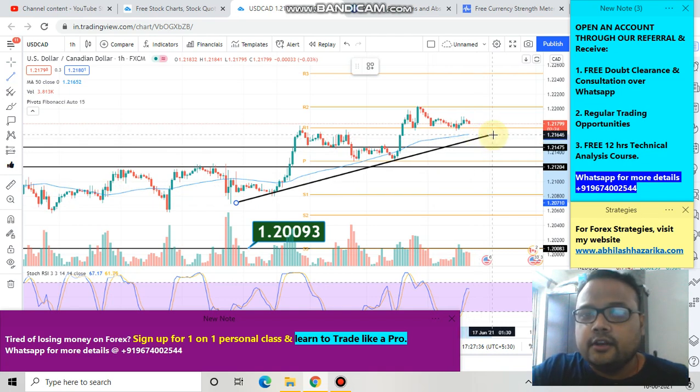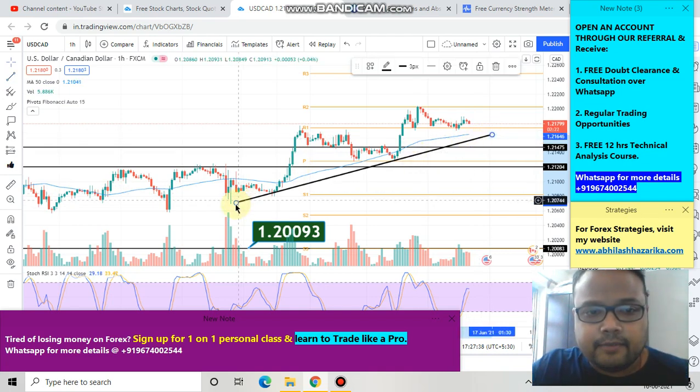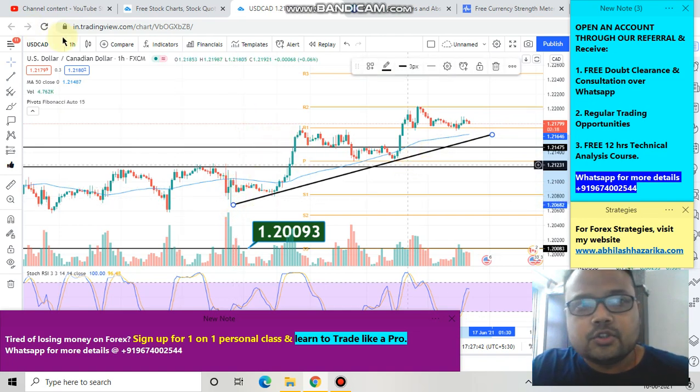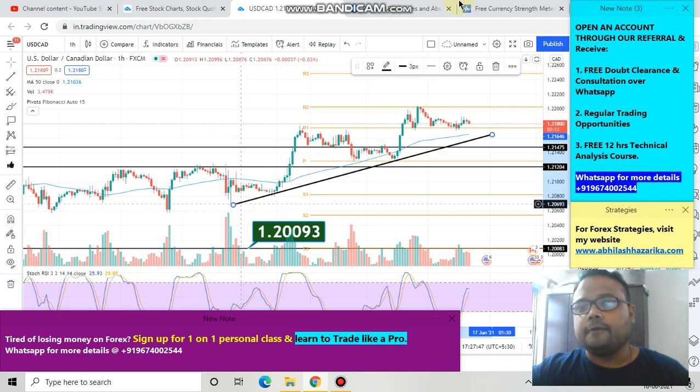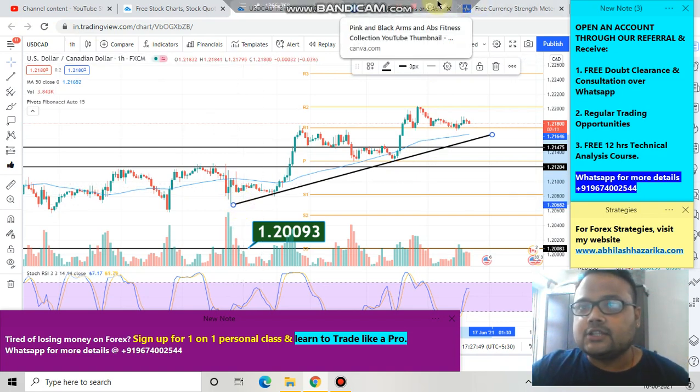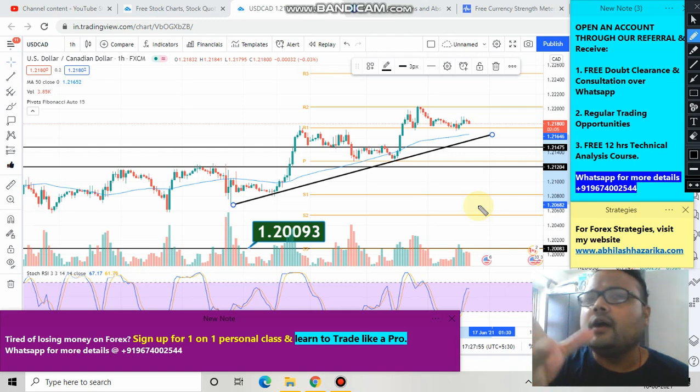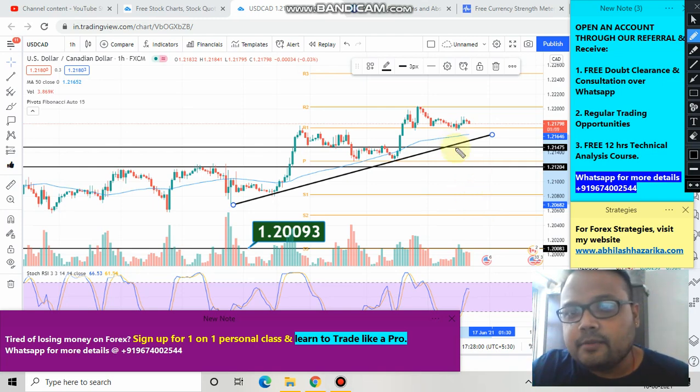In your trading platform or charting software, you can also switch to the 1 hour time frame and just draw a trend line like this. Considering the stochastic RSI and this trend line, there is a good possibility that when market will come down to take a rest, to cool off, market will take a rest and reverse from here.